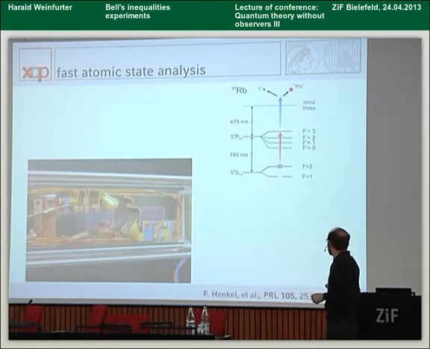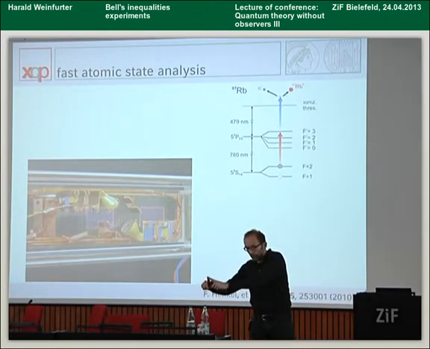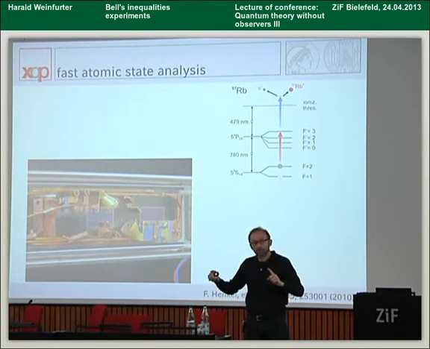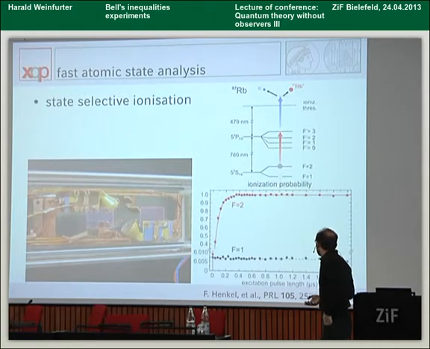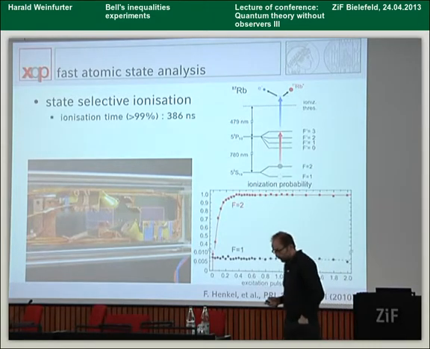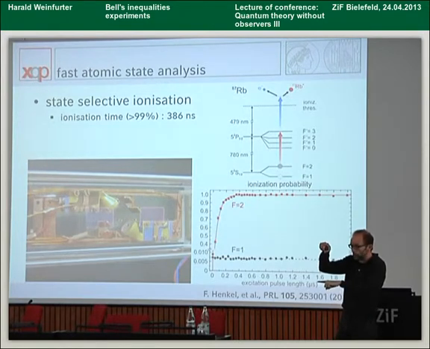So the scheme for these test measurements is that we first try to ionize it from the f equals 2 or from the f equals 1 state. Remember, we still need first the polarization-dependent transfer, and then from these two states we make this separation. This can be done with fascinatingly high discriminability.